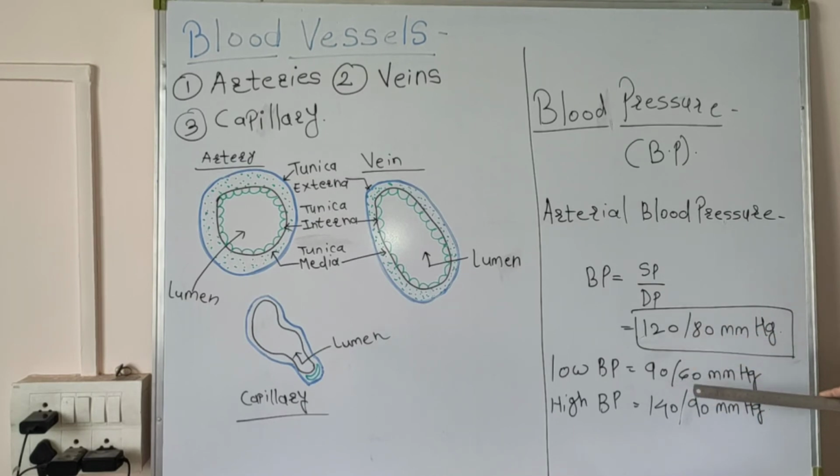Below 90 per 60 mmHg is considered low BP, and above 140 per 90 mmHg is considered high BP. Low BP causes hypotension and high BP causes hypertension.